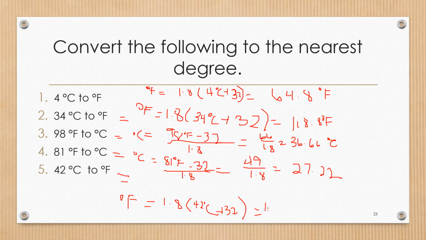So, 1.8 times 74. Gutom na si teacher. 1.8 times 74 is equal to 133.2.